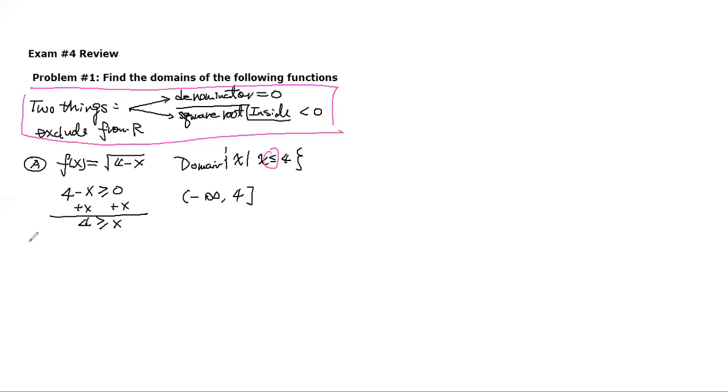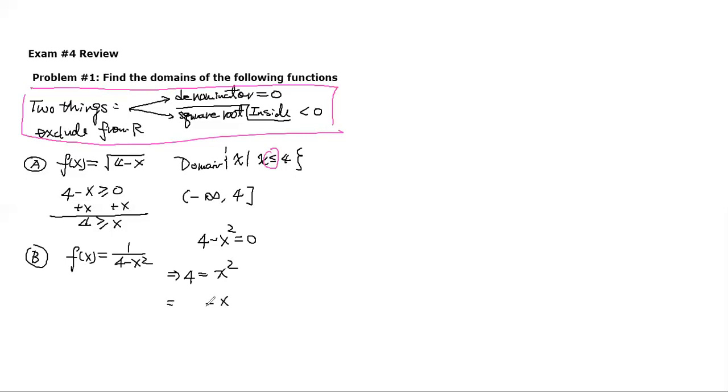Okay, so now the next part. The next part is f of x is equal to 1 over 4 minus x squared. So we said in general it will be the whole real numbers, but the denominator cannot be equal to 0, right? So we say 4 minus x squared equals 0. Let's see what that is. So 4 is equal to x squared, then you take the square roots of both sides.